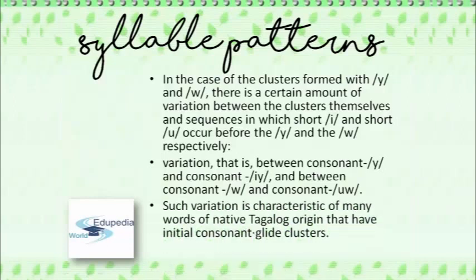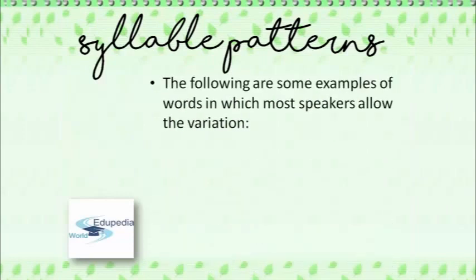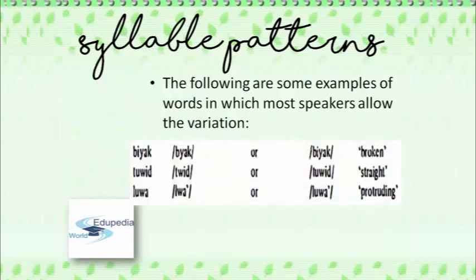Such variation is characteristic of many words of native Tagalog origin that have initial consonant glide clusters. The following are some examples of words in which most speakers allow the variation.